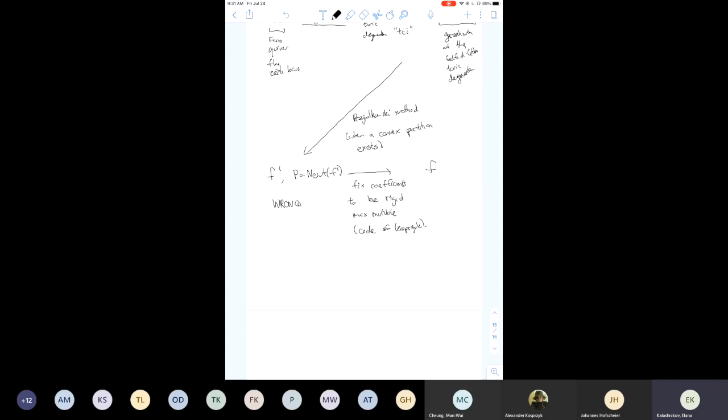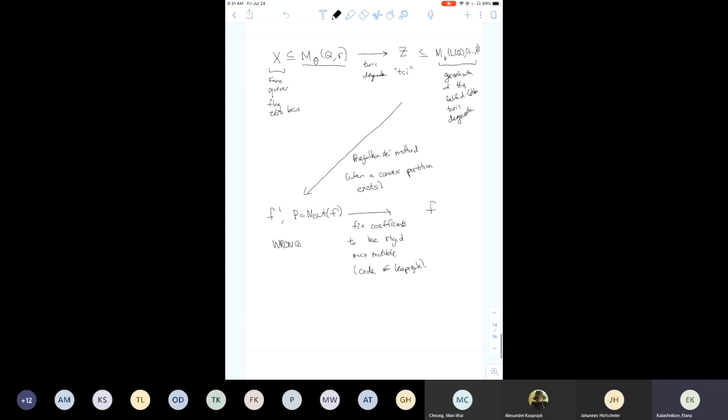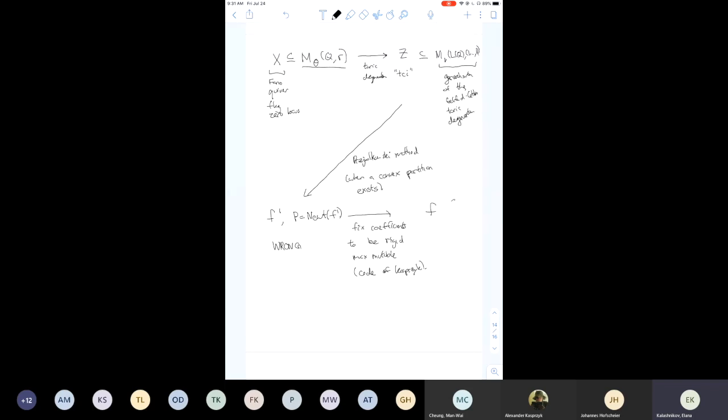And it turns out that if you do this, whenever this method works, if you compute 20 terms of the period sequence of the quantum period of the Fano variety, you can compare it with 20 terms of the classical period, and these turn out to be equal up to 20 terms at least.